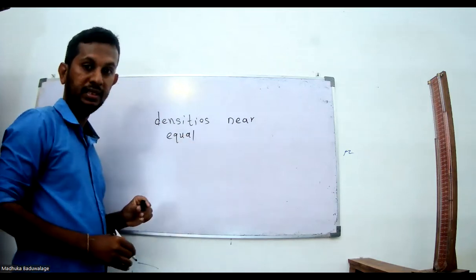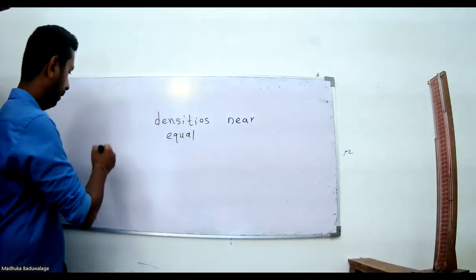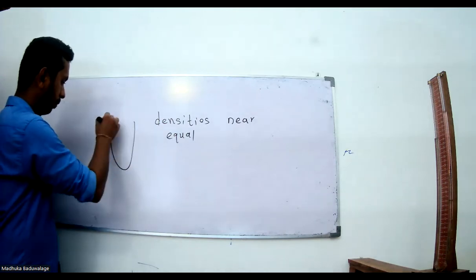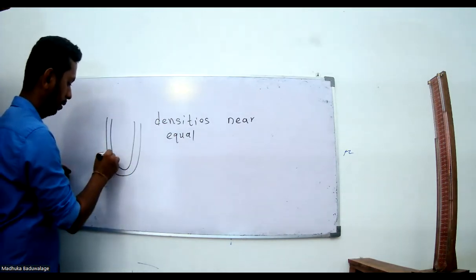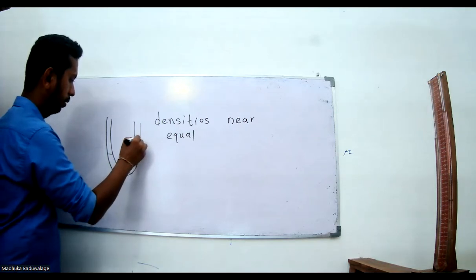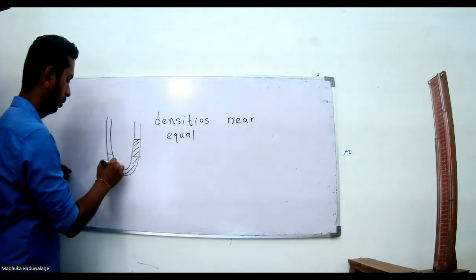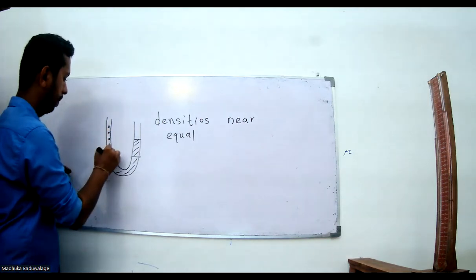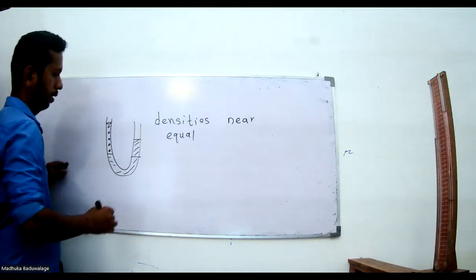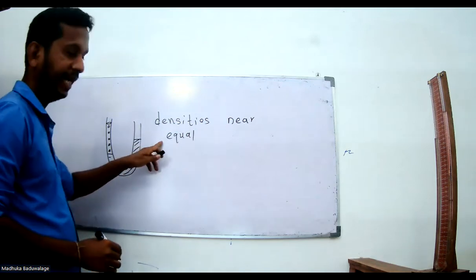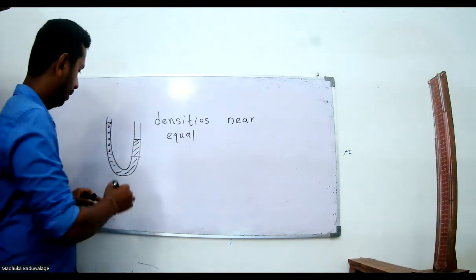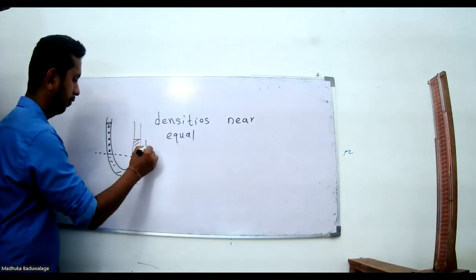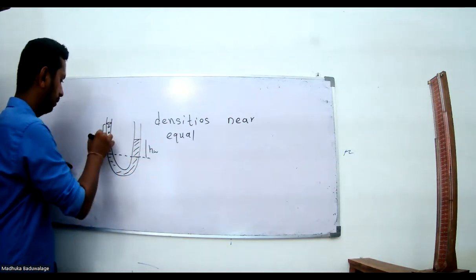What is the reason for that? In this experiment, this is the common interface, and this will be the new liquid. If the densities are nearly equal, the heights of the liquid columns are nearly equal.